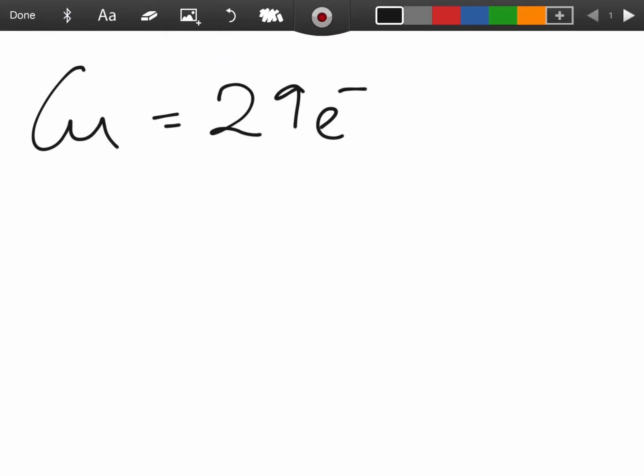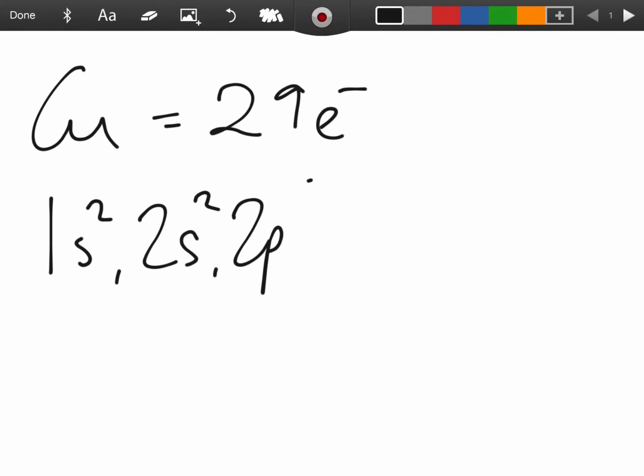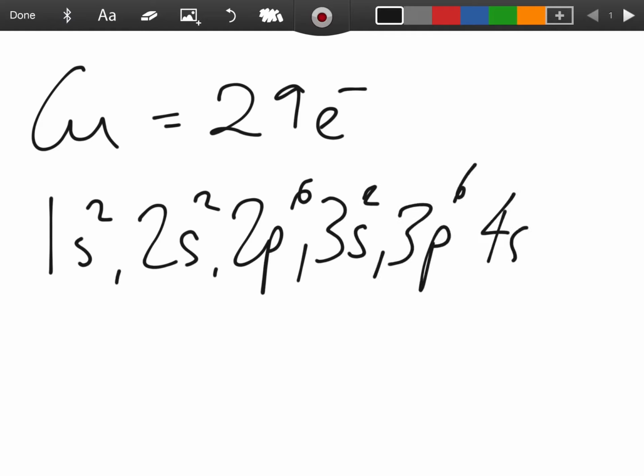Now, the other exception to Aufbau's principle is copper. So you'll have to watch for chromium and copper in the questions. Copper's atomic number is 29, which means copper has 29 electrons. So again, same idea, start writing it: 1s2, 2s2, 2p6, 3s2, 3p6, 4s2, remember, because it has lower energy than the 3d sublevel. Now, count them up. 2 and 2 is 4 and 6 is 10, 12, 18, 20.